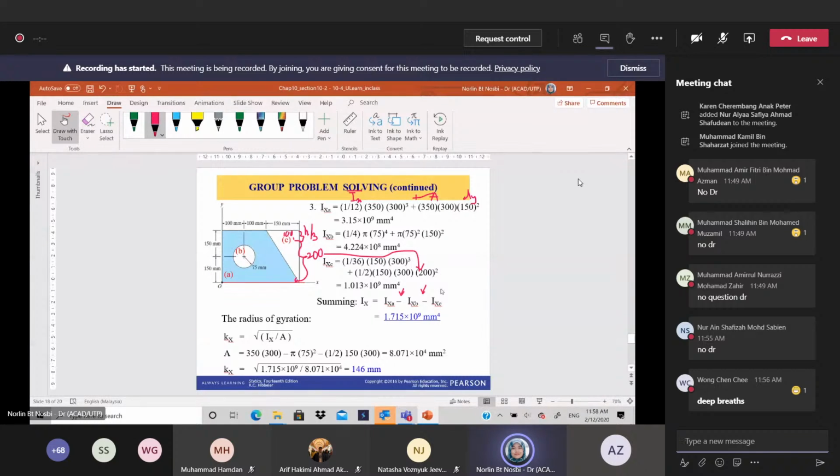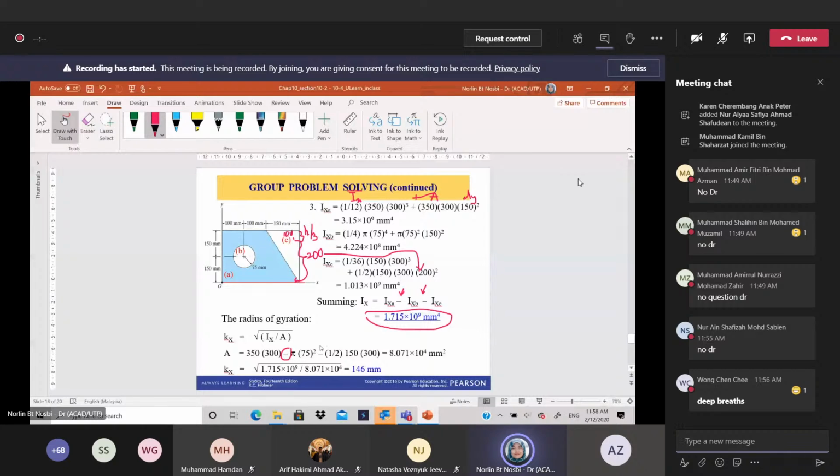You have to minus the hollow shape, and then you need to find the radius of deviation. So the Ix is the summation value over the total area. Okay, the total area. The total area must also follow: if the structure is solid it will be plus, if hollow minus.